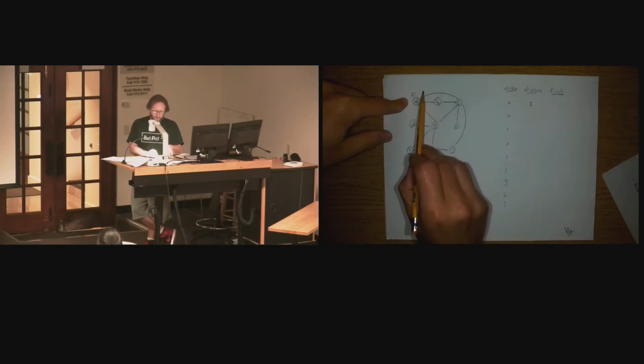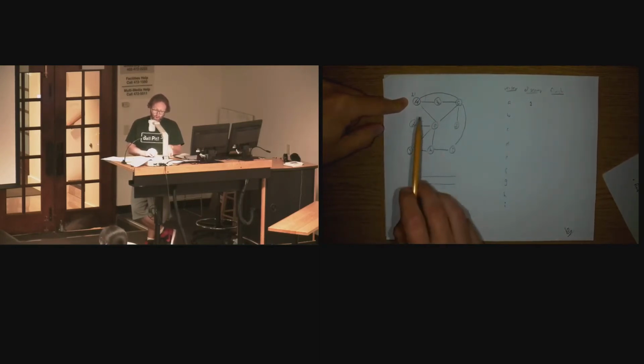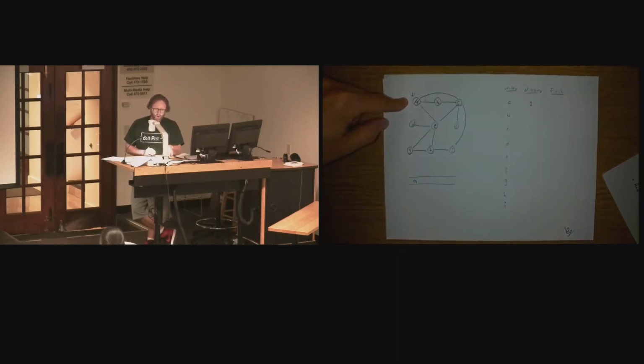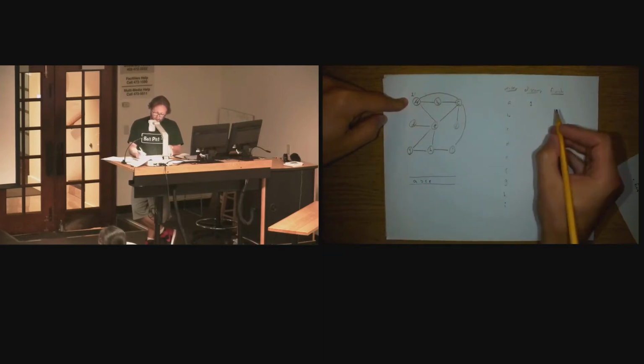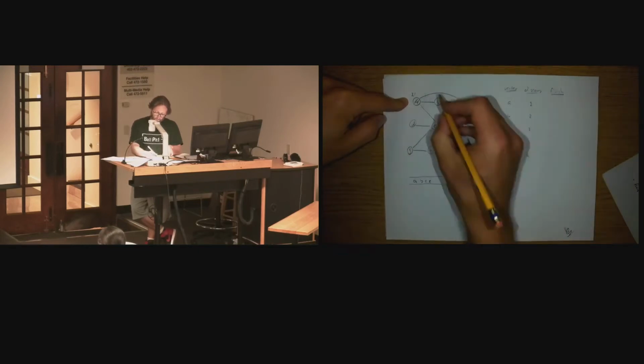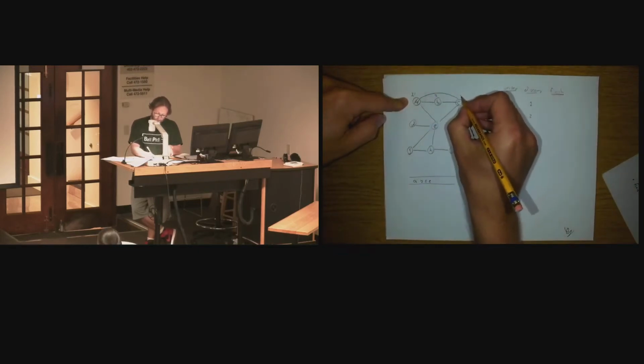Now I look at the entire neighborhood here, which is going to consist of B, C, and E. And those are all going to be enqueued in, say, lexicographic order. So B, C, and E all come in. And they're discovered at times 2, 3, and 4.